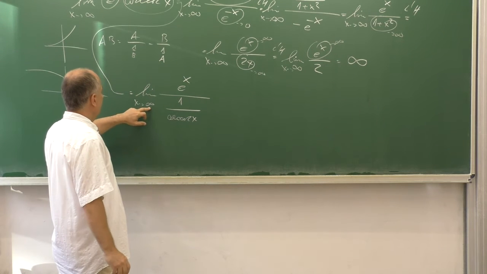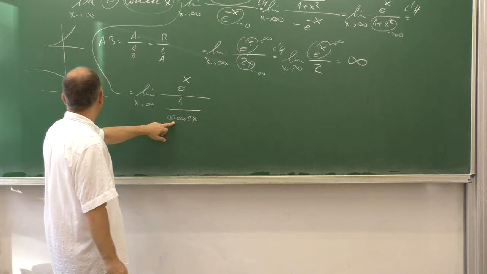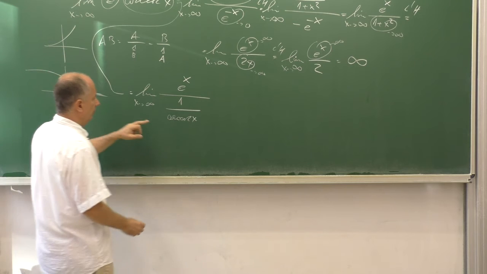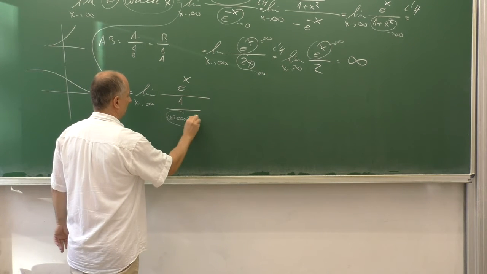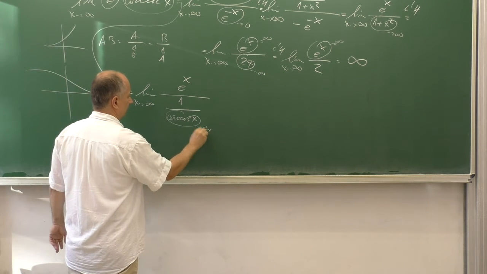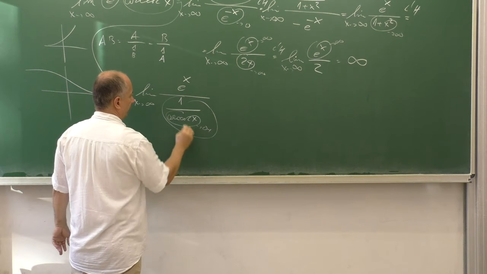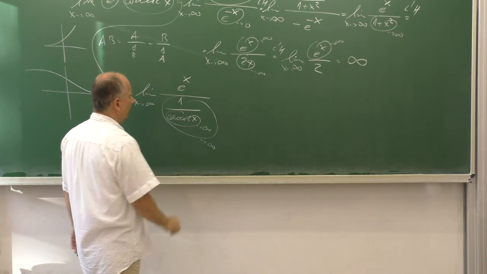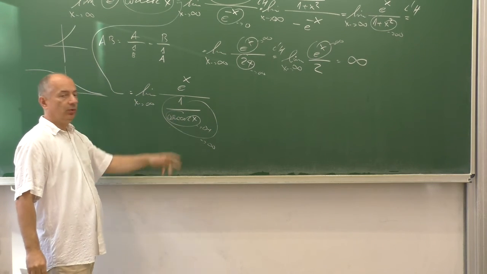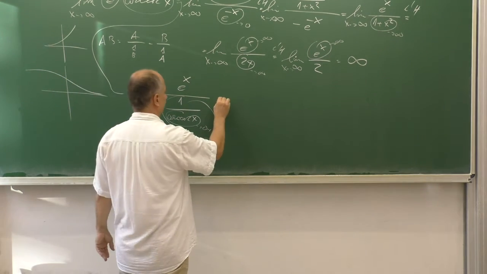And then once again, if x goes to infinity, our arc cotangent goes to 0 from the right. So this goes to infinity, and this goes to infinity as well, so we can try L'Hopital's rule.